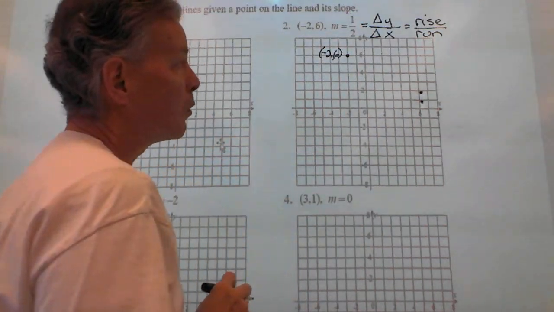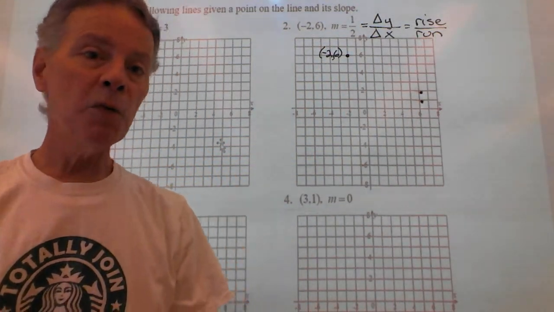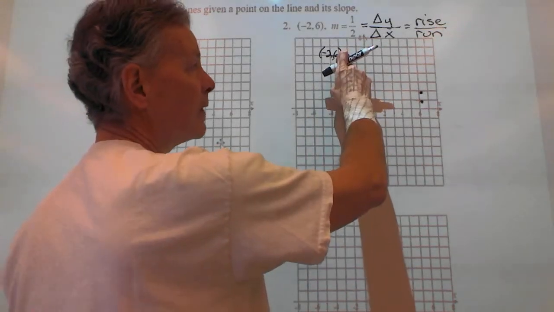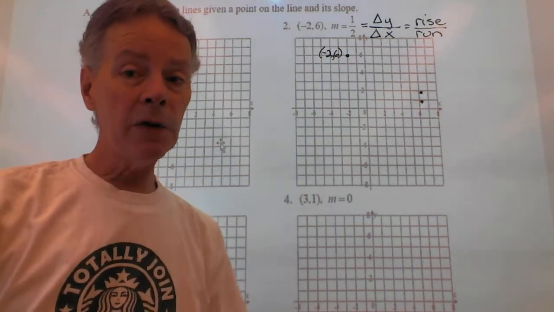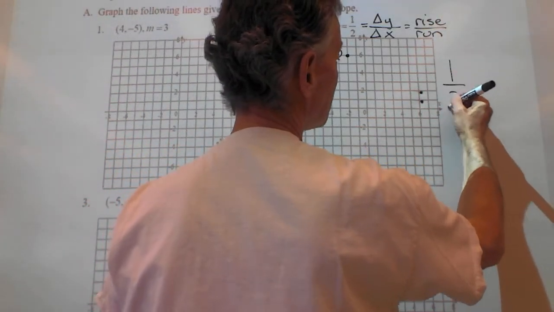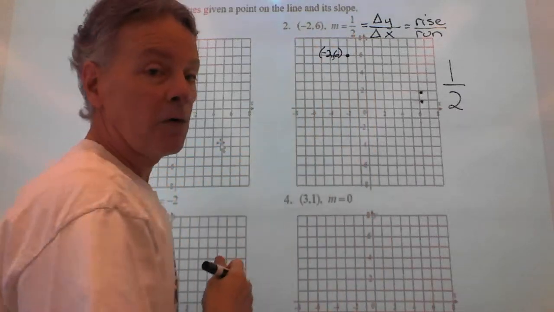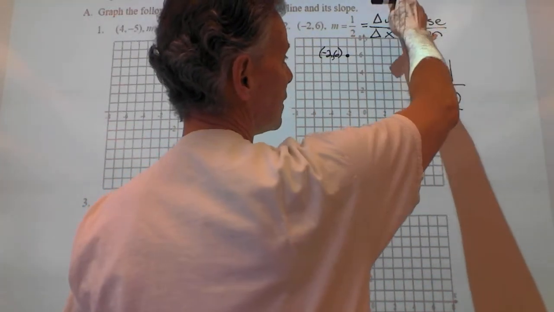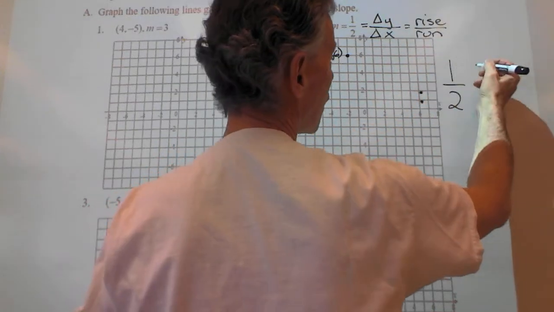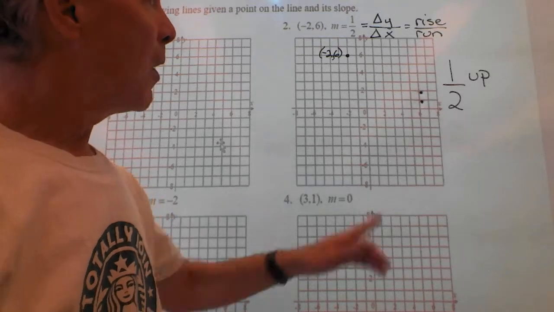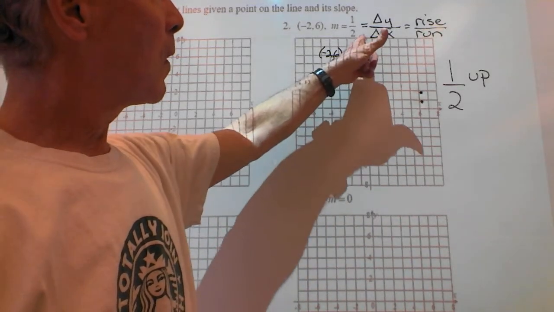Now we have a slope, and that slope, remember, is giving us instructions. It's saying, if you start at this point, you can get to a second point by going, I'm just going to write it nice and big. So our slope is 1/2. Since our 1 is positive, and since our 1 refers to the rise, positive y values go up, right?